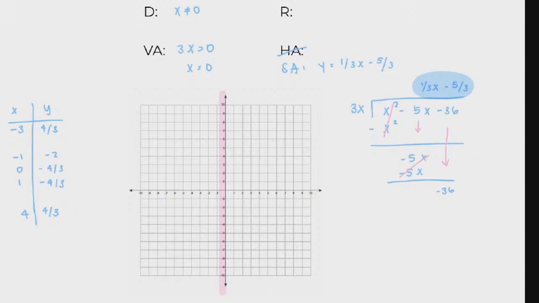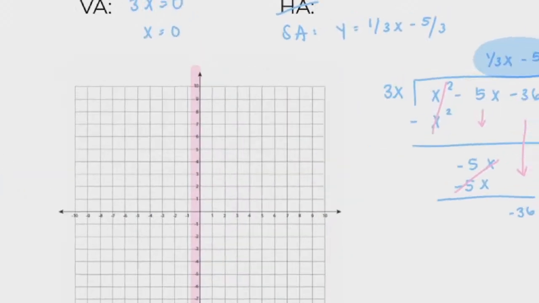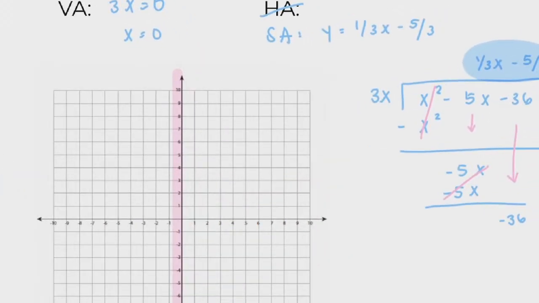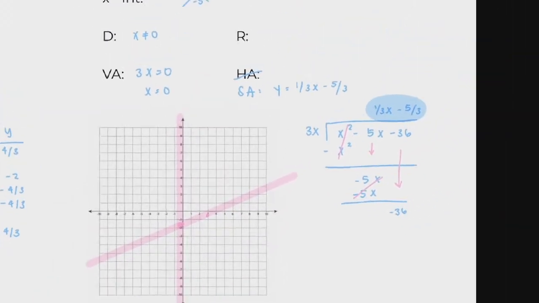So I'm going to graph this like a regular line. I'm going to start at the y-intercept, which is -5/3, which would be somewhere here. And then I'm going to go up 1 and over 3, because that was the slope. And so the graph will look something like this.